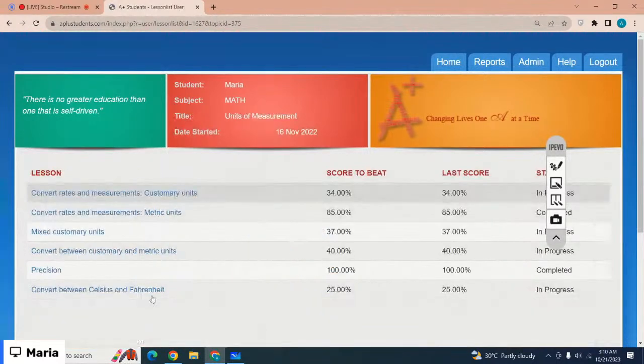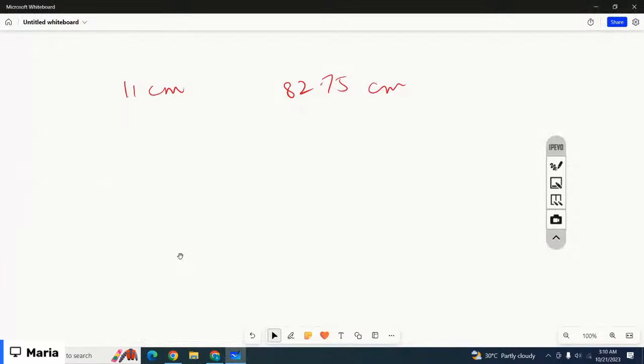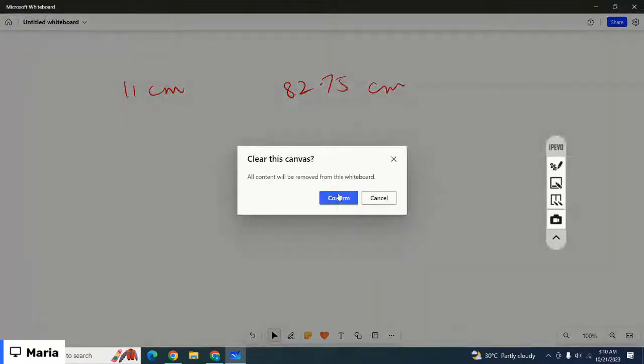Celsius and Fahrenheit are both units to measure temperature. So how do we convert from Celsius to Fahrenheit and from Fahrenheit to Celsius? That's what we're going to learn.